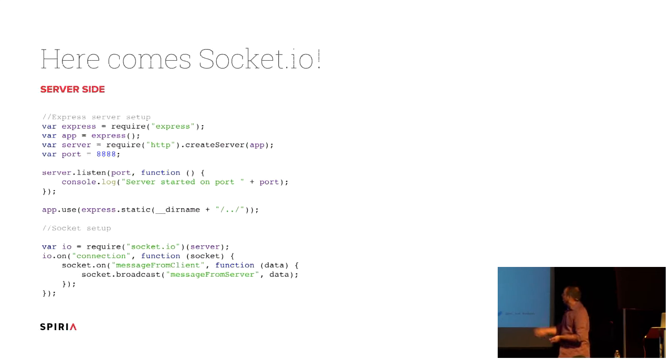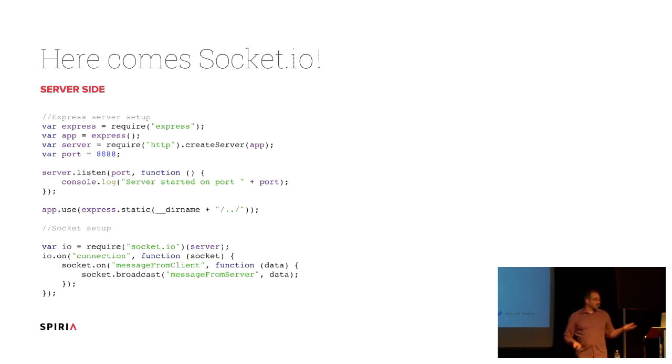Server side, some boilerplate stuff, just a regular Express server. It serves static files, and we require Socket.io and pass it the server as an argument, and basically all the work is done.